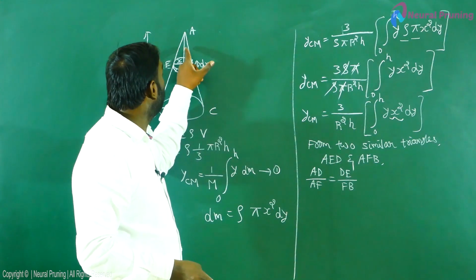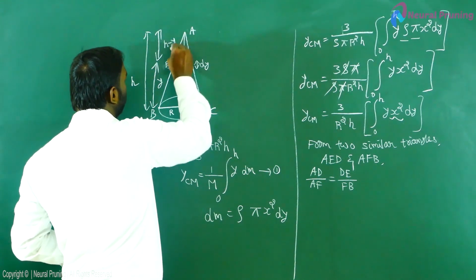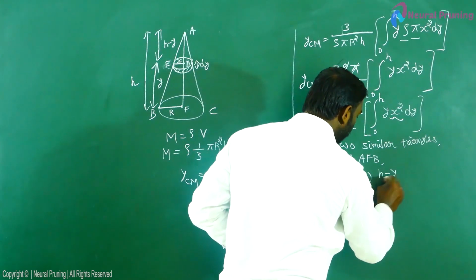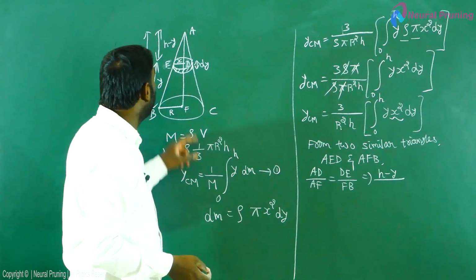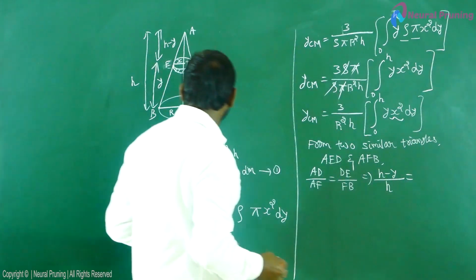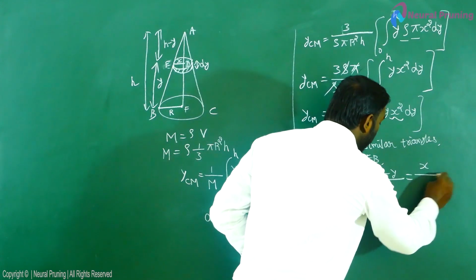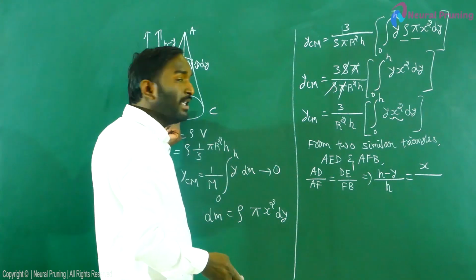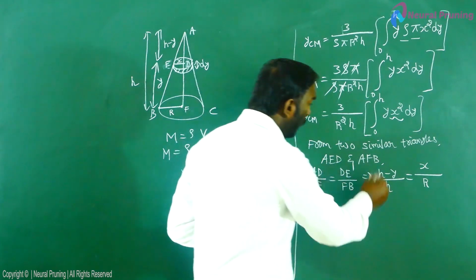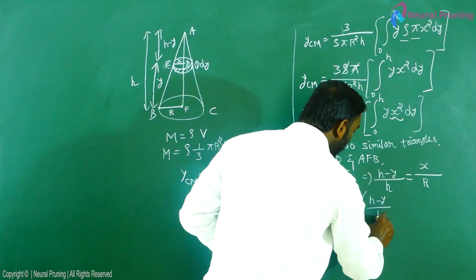What is AD here? AD value H minus Y, by AF. What is AF? H is equal to DE. See, DE is X by what is BF? R. The value of X is R into H minus Y by H.